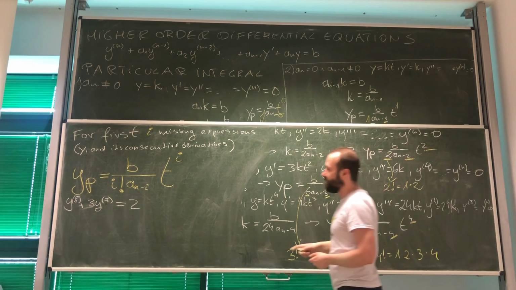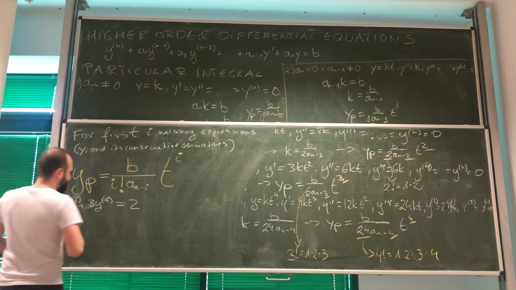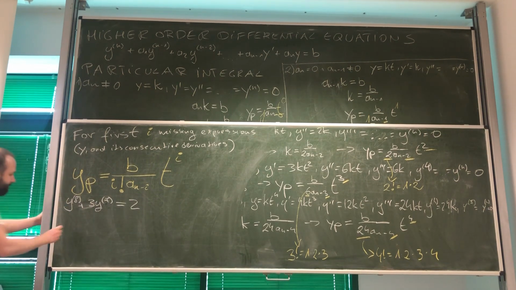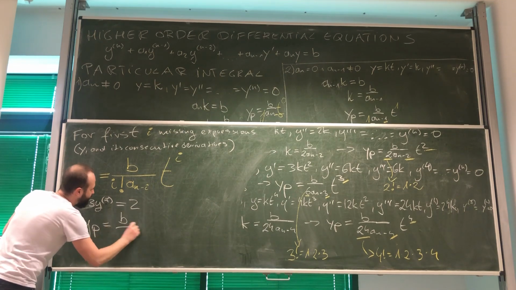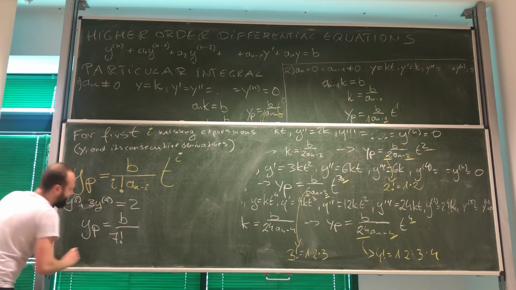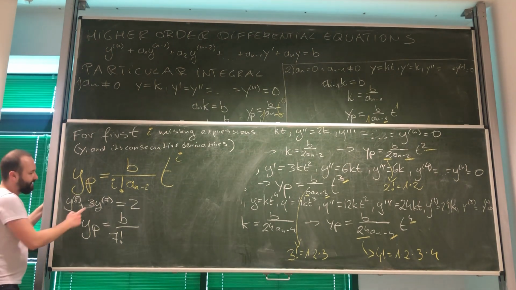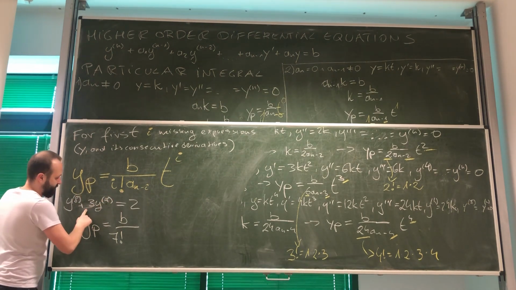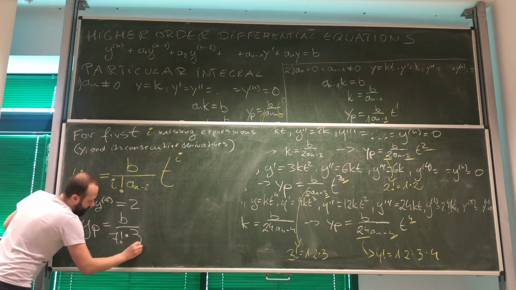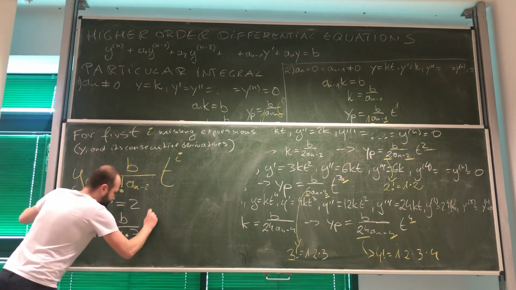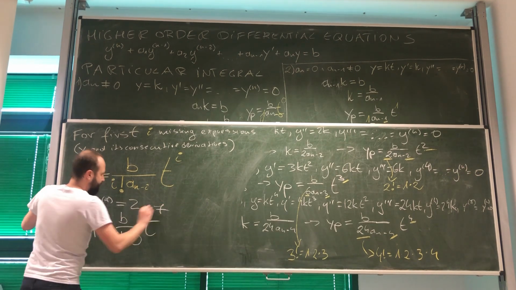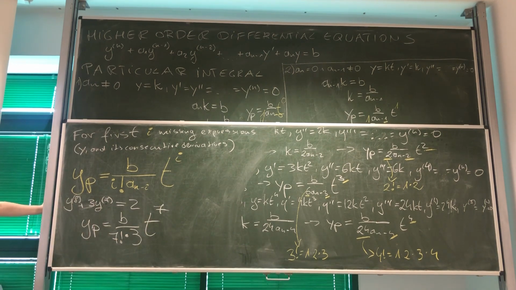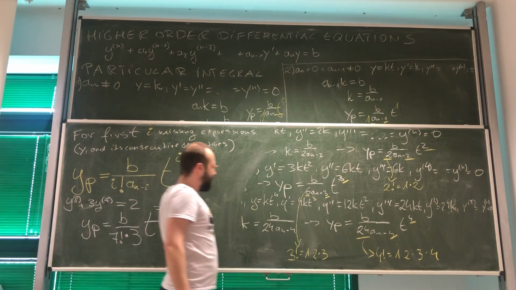We are missing the 7th element. And in this case, yp, of course, is equal to b times 7 factorial times an minus i, which happens to be 3, times t to the power of 7. Okay, and you don't need to know this formula by heart, of course.